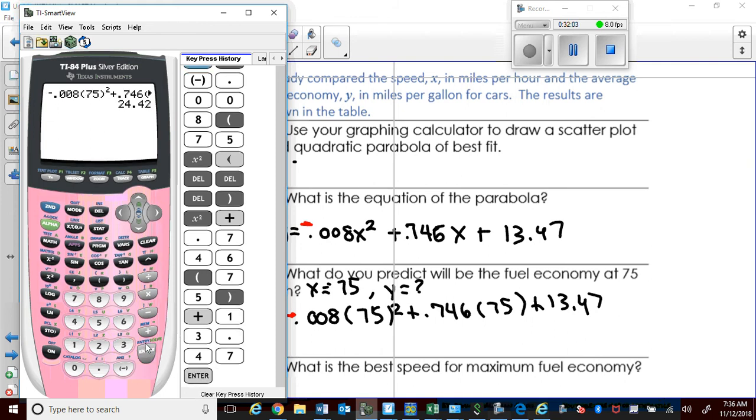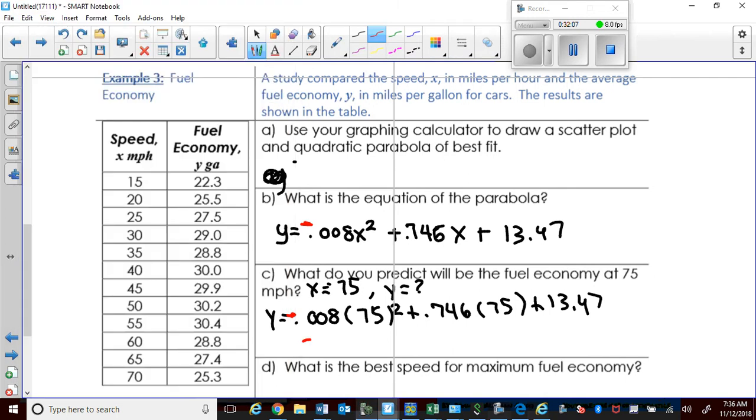And I get 24.42. I have a fuel economy of y being 24.42. And my units are gallons.